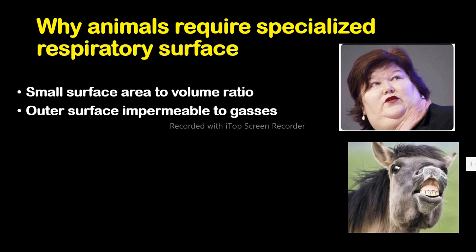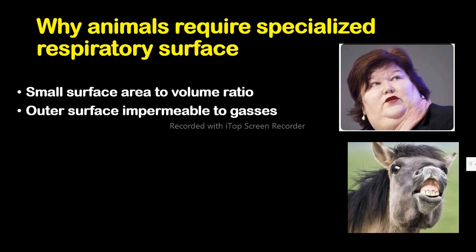So gases cannot easily diffuse. And there are reasons why you should have scales, a body covered with fur, keratinized skin, a cuticle. They are the problems that these animals face.